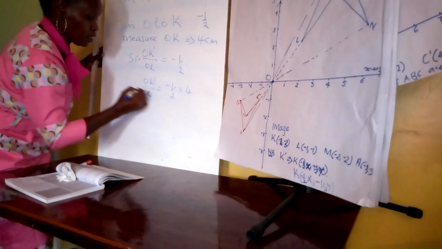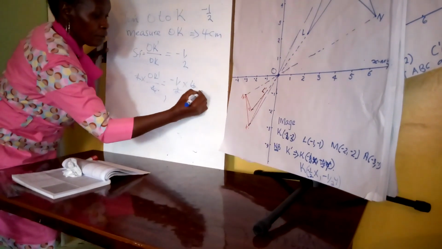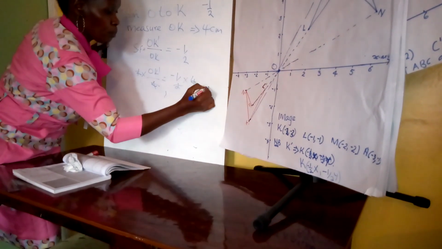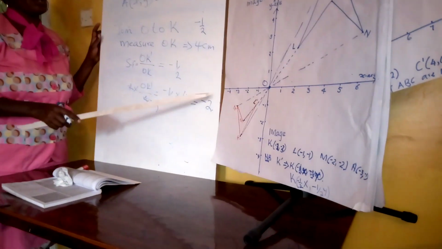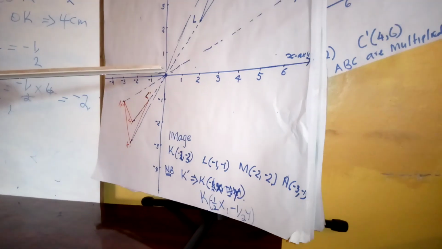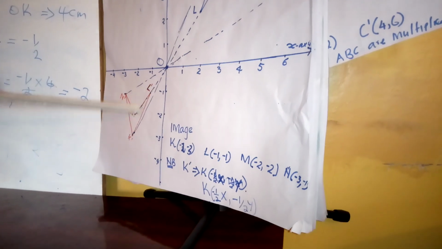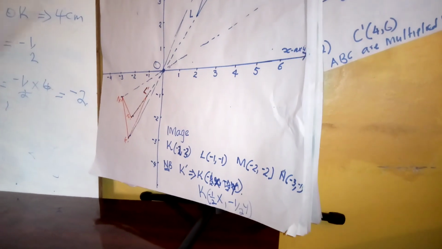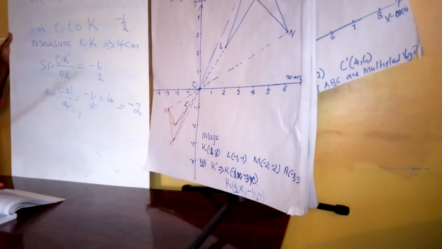Multiply both sides by 4, and then you get that our OK prime will be negative 2. This negative means you are going in the opposite direction. Therefore, measure from O on this side, you measure 2 centimeters to get your K prime. Where you get the 2 centimeters, that is where your K prime is.